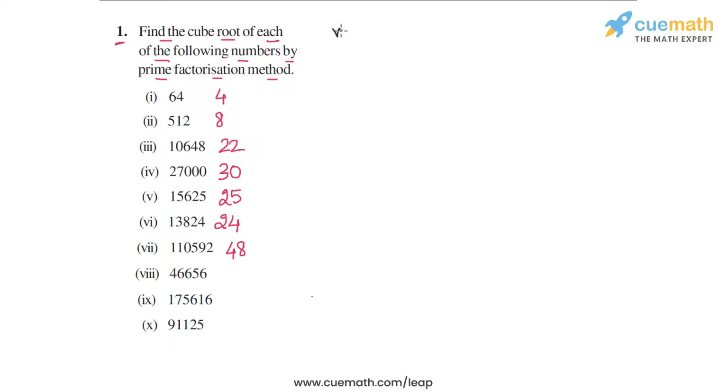Now let's do part 8. The number in part 8 is 46,656. So once again, we will start by prime factorizing this number. This number is an even number, so we take out a prime factor of 2, and that gives us 23,328.